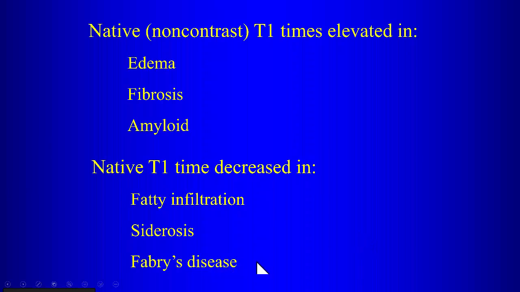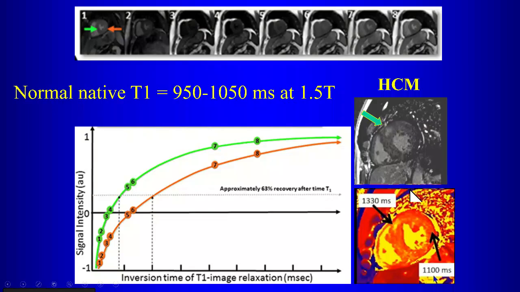Fabry's disease is a very rare disease where you have abnormal sphingolipid deposition in the myocardium. It's a storage disease, and because there is some lipid that is abnormally stored, that also can act as fat, and that can also decrease the T1 time. Usually the types of pathologies that we're going to be looking for, though, especially diffuse fibrosis from cardiomyopathies, will cause elevation in the T1 times. These are the exceptions.